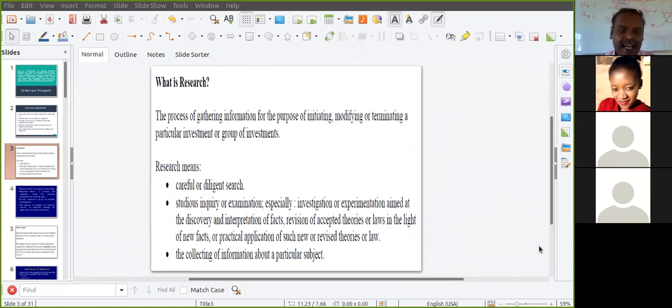Or collection of information about a particular subject, a particular disease. That information is supposed to be new. If it is an old one, it is not. If there is an existing theory and you are revising it, then it is research. There is existing knowledge, you are adding a new one, then that is called research.